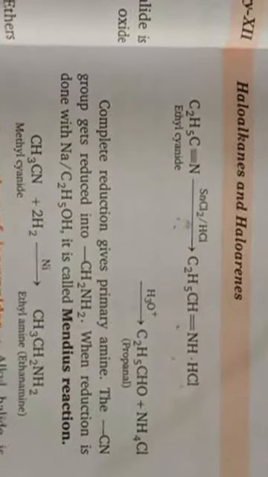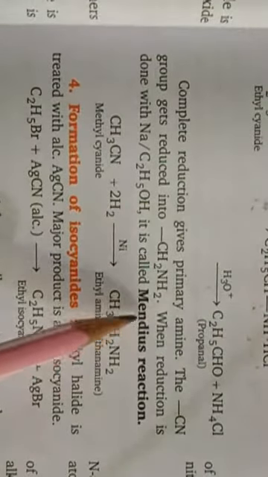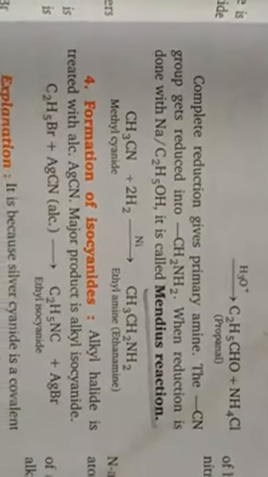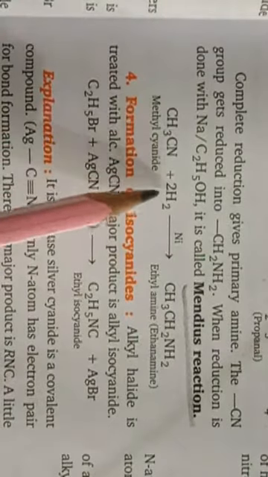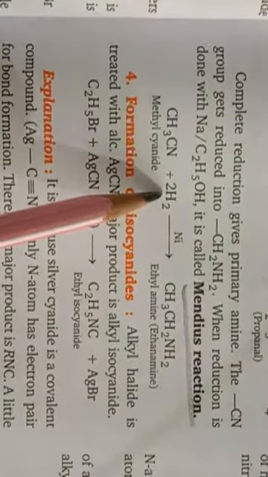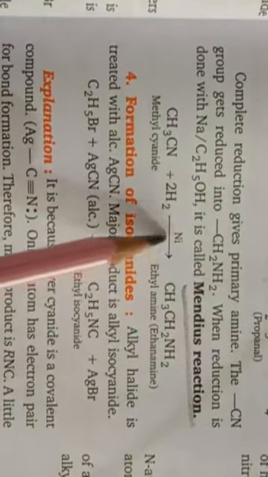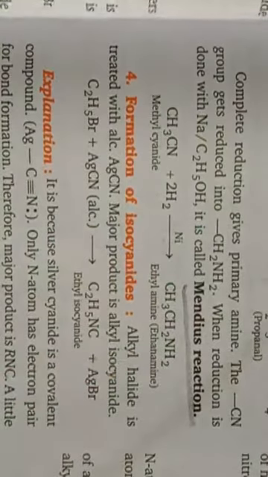Okay, then we can do complete reduction of cyano group, and this complete reduction is known as Mendius reaction. Under this reaction, when the related alkyl cyanide is reduced with hydrogen in the presence of nickel as catalyst, then primary amine is formed.